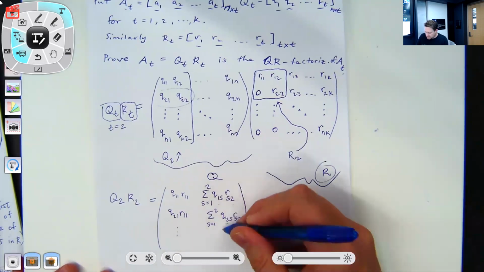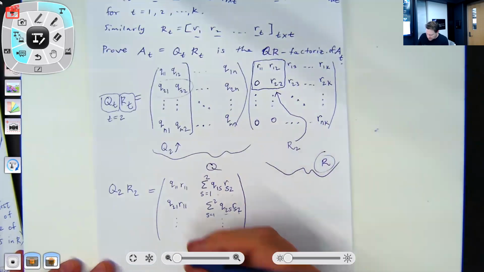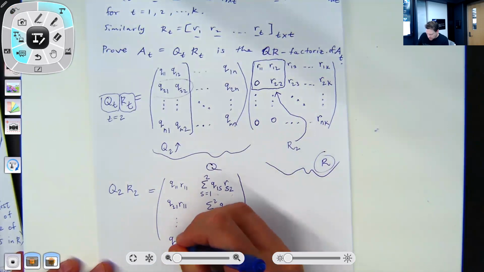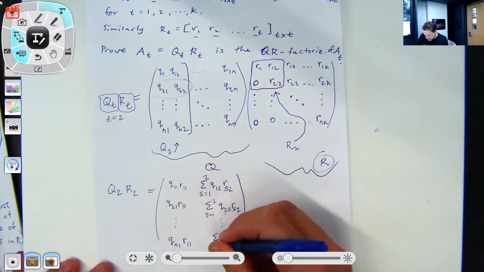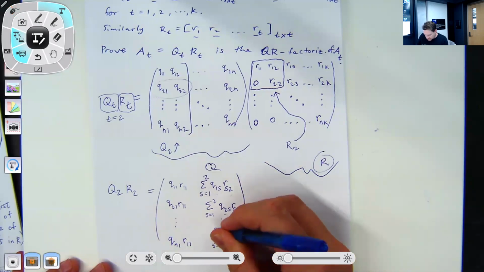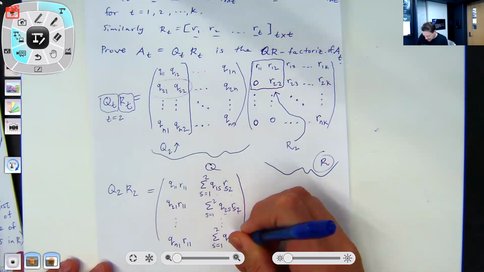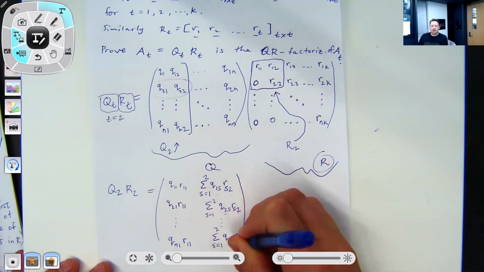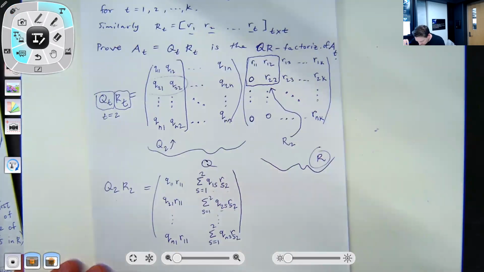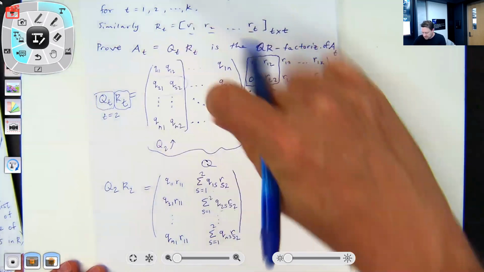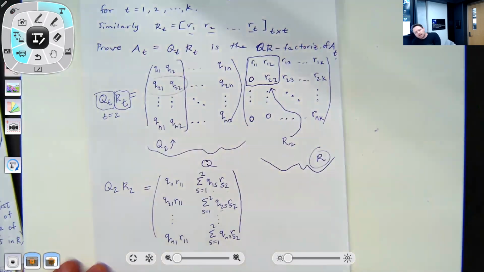This pattern continues, and down the bottom we have Qn1 R11, and then a sum from S equals 1 to 2 of QnS R S2. So we've done that product, Q2 times R2.